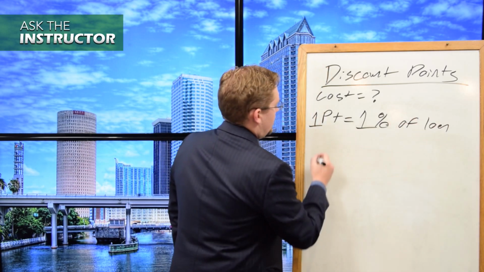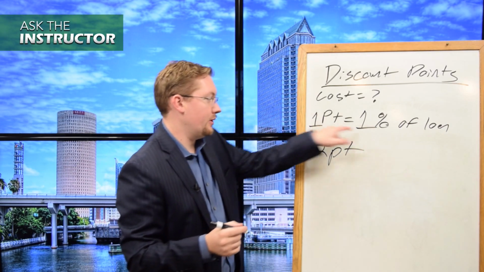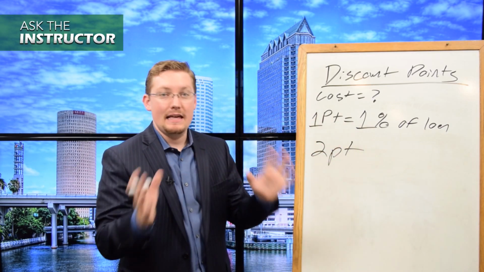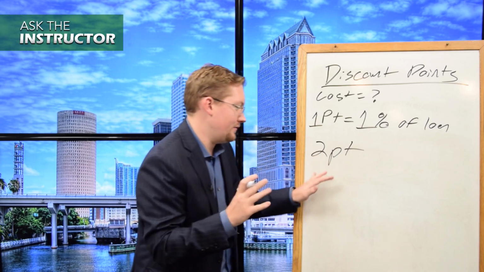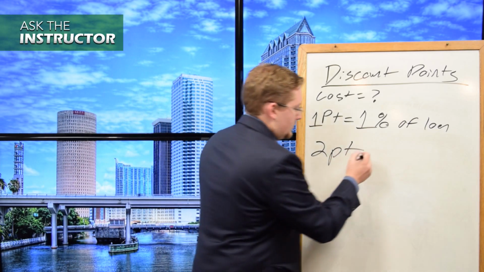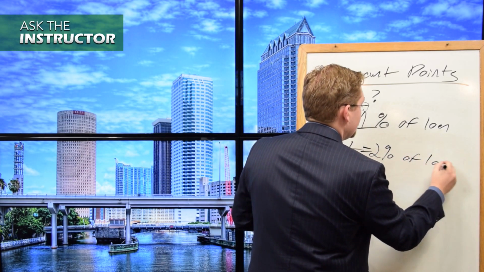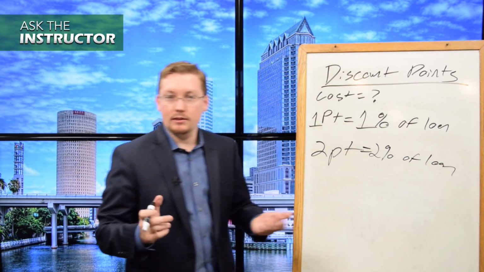So let's say we're charging 2 points. 1 point is 1%, 2 points is 2%. That doesn't change. It's not exponential. 2 points is equal to 2%. 20 points is equal to 20%. So 2 points is 2% of the loan. Now, of course, we do need to know what the loan is.